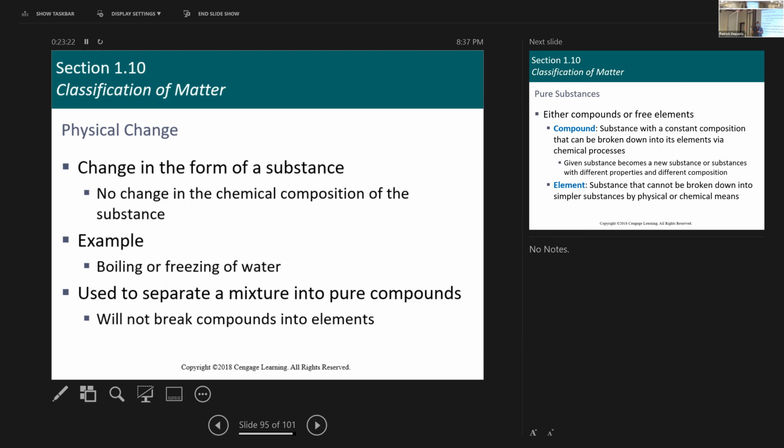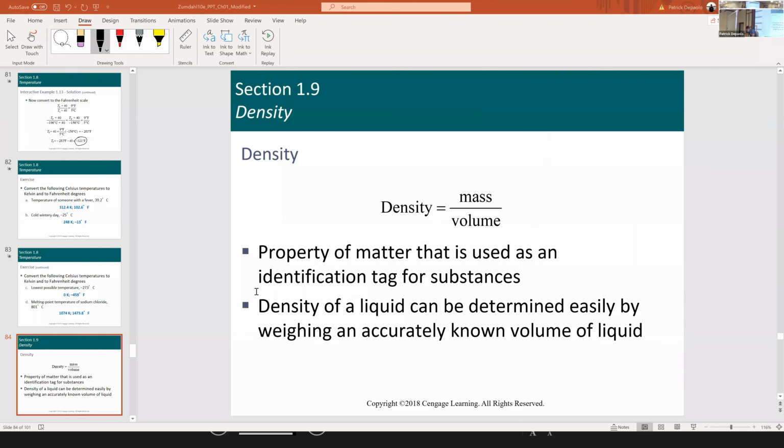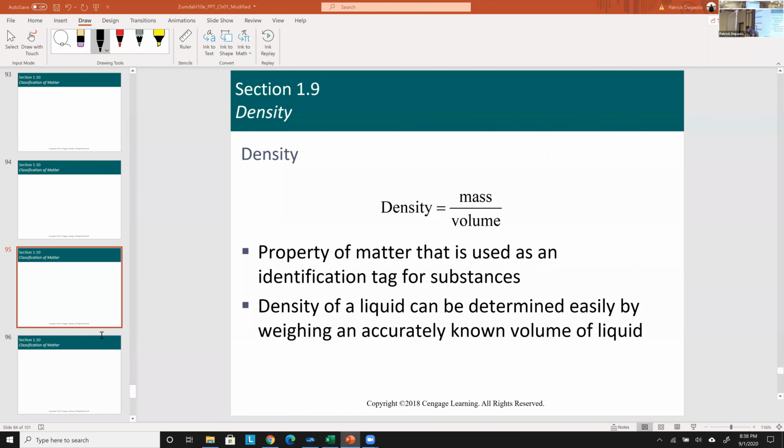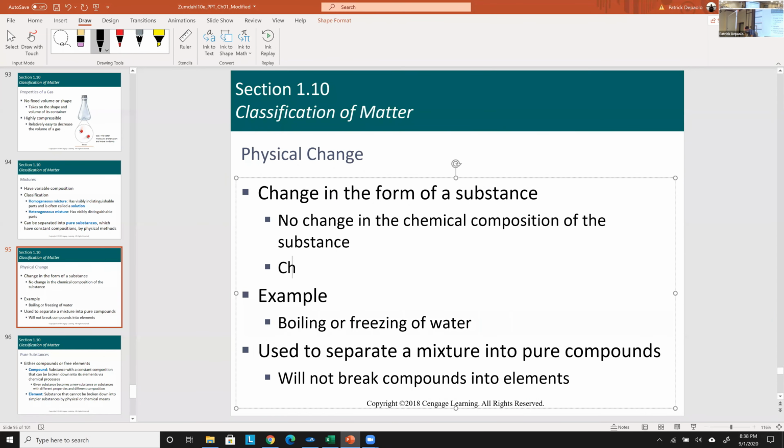If you melt ice, it's still H2O in the ice, H2O in the water. So physical changes could be summed up as a change in shape or state. So by shape, I mean the shape, and by state, I mean solid, liquid, gas.